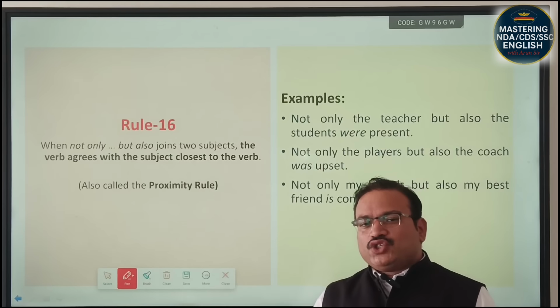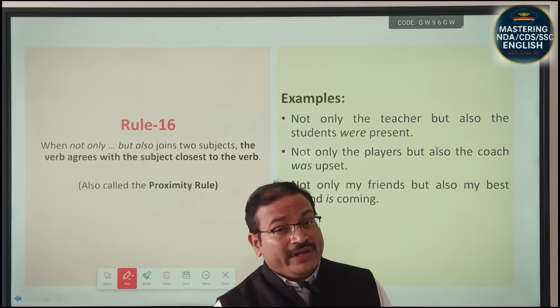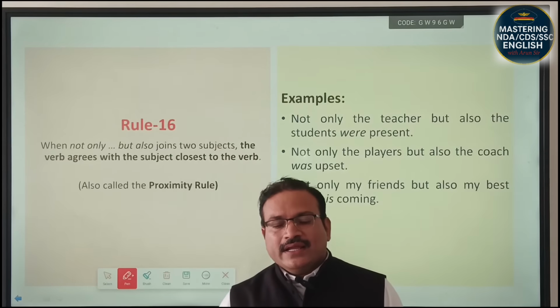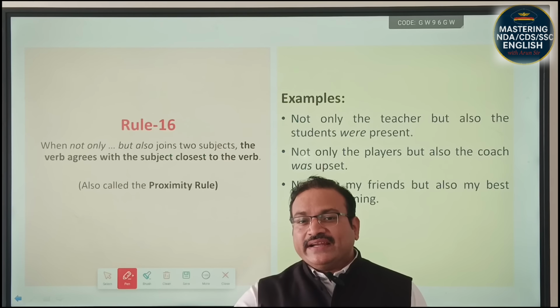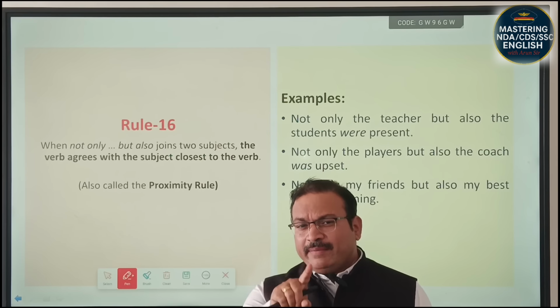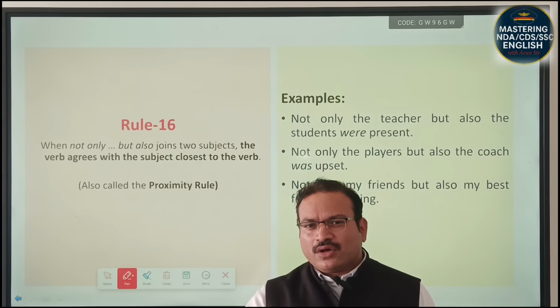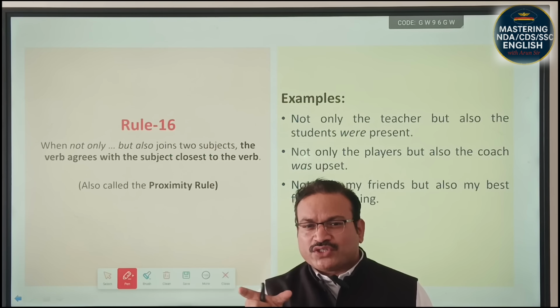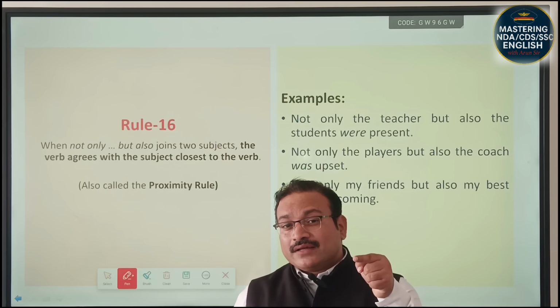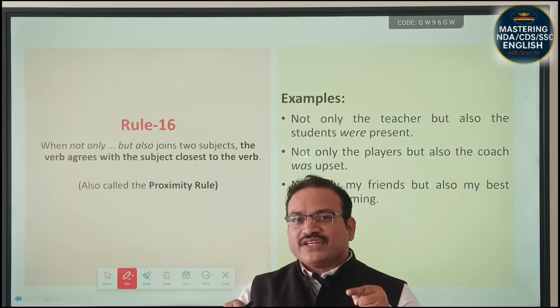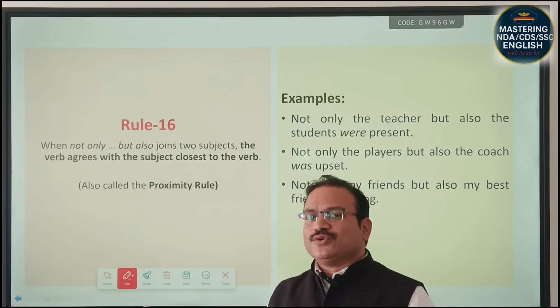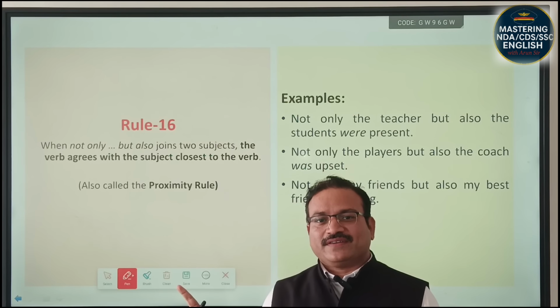When two subjects are joined by not only but also, then the verb agrees with the subject closest to it, nearest to it. Remember, either or, neither nor, and or: when two subjects are joined, the subject closest to the verb was the main subject. Here also the same rule applies.